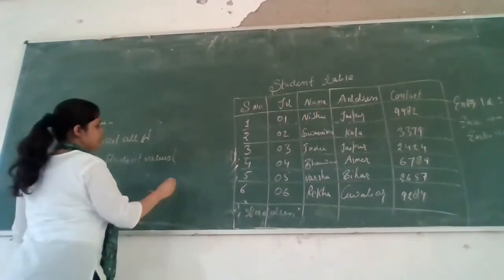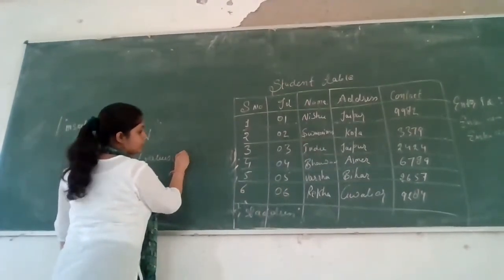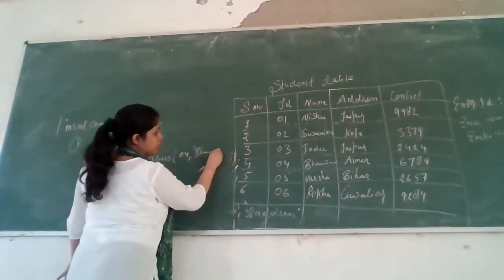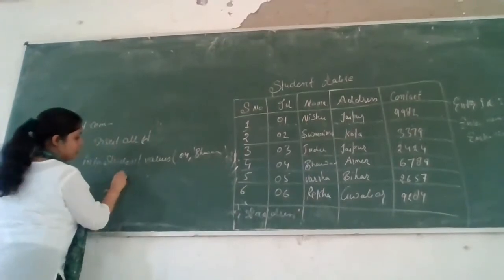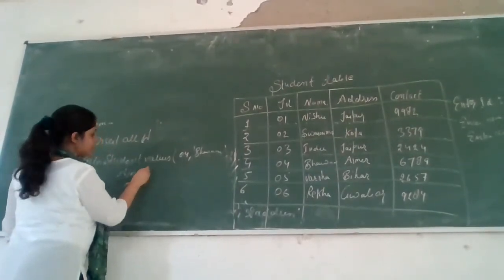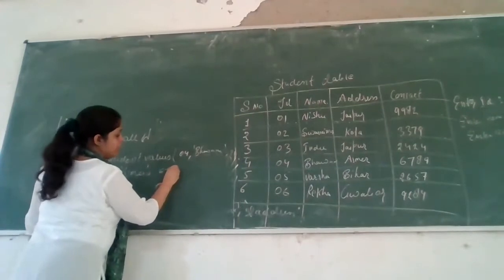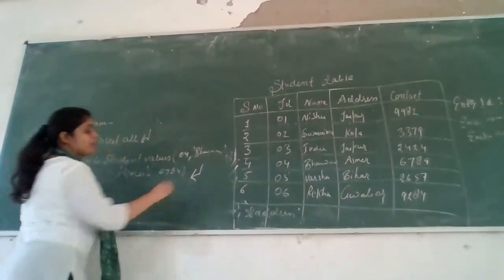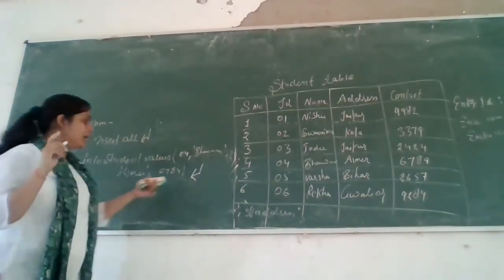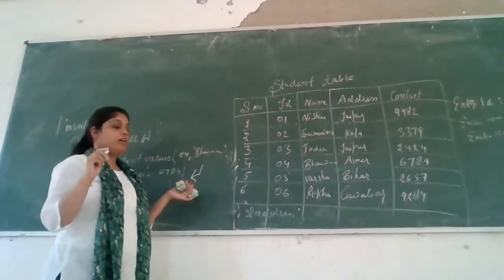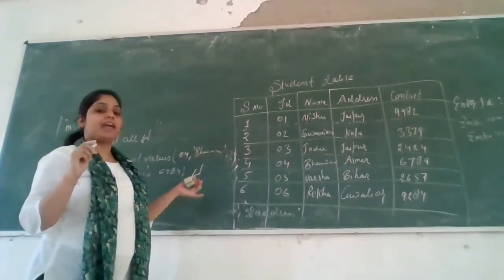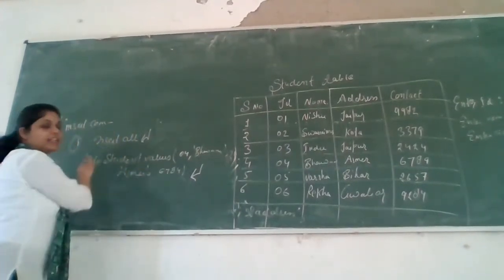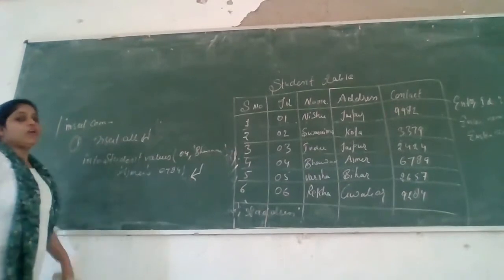Insert into the student values, value is 4, Bhavna, Ajmer, 6784. Clear? Then you have to enter. Write this down and remember it. Here we didn't apply any single quotes. Why? Because this is not a termination. We use the insert all command.